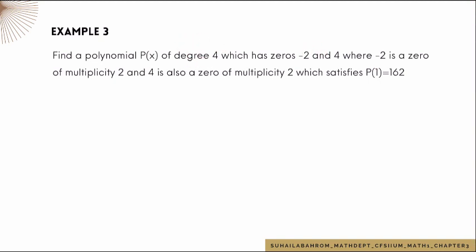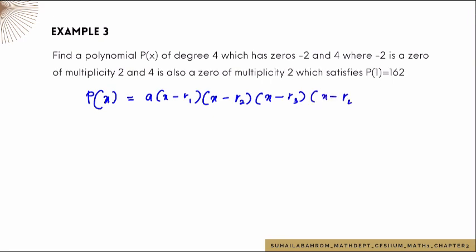So when we construct the polynomial with the degree of 4, in general it should be a(x minus r1)(x minus r2)(x minus r3)(x minus r4), because the degree is 4. So in general, we have 4 zeros.